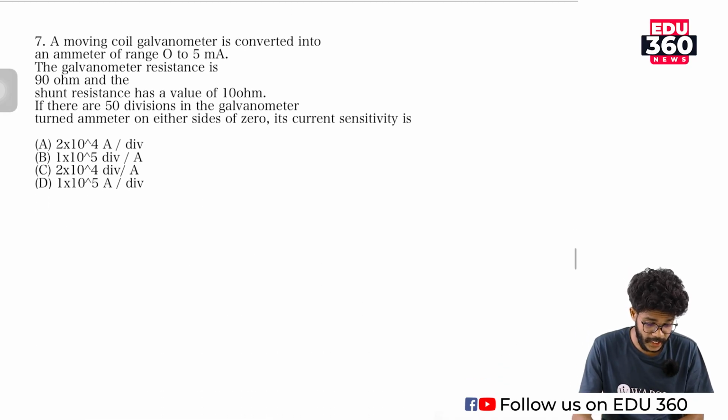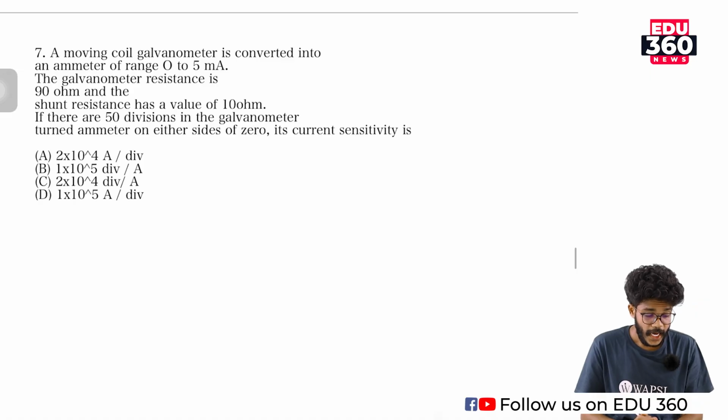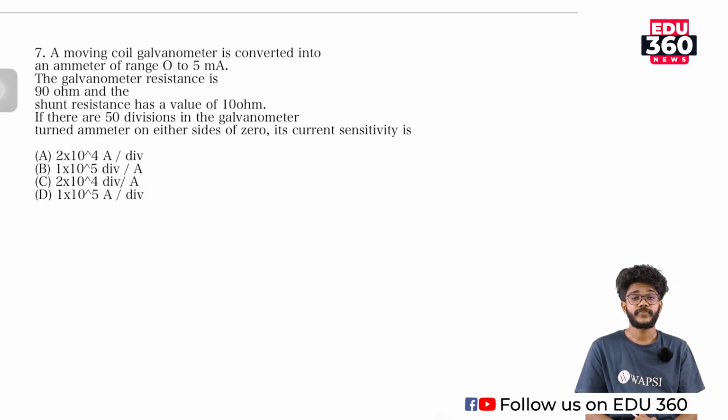So next question is, a moving coil galvanometer is converted into an ammeter of range 0 to 5 milliampere. The galvanometer resistance is 90 ohm.